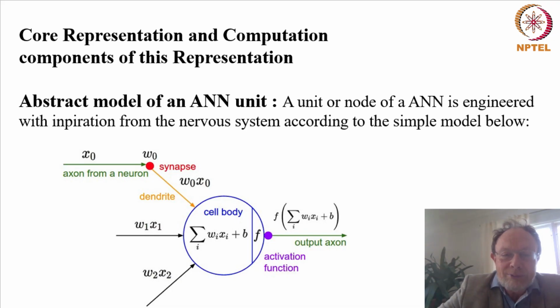In the artificial case, we have simply a number of inputs, and these inputs are handling signals coming from other units. Every such input, every such edge in the neural network, is given a weight. And these weights are key parameters for the connectivity and the performance of the networks.